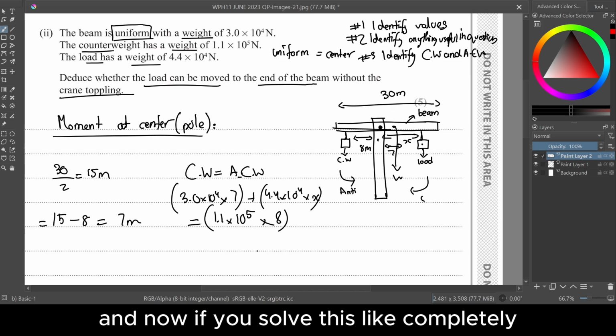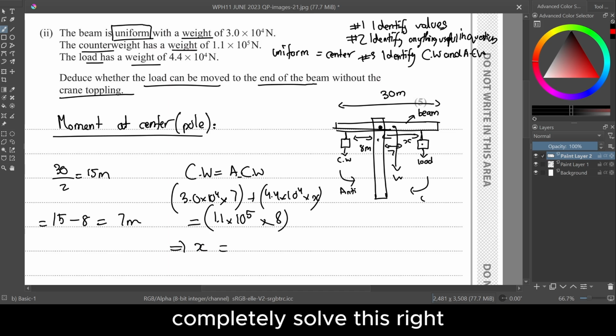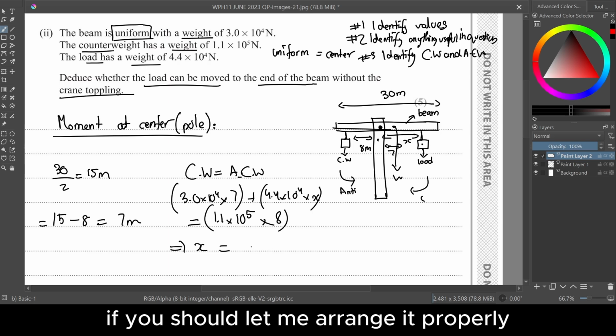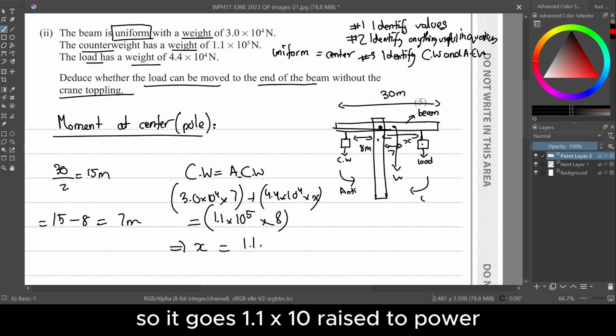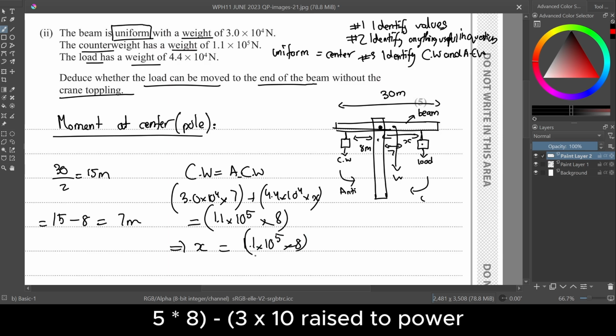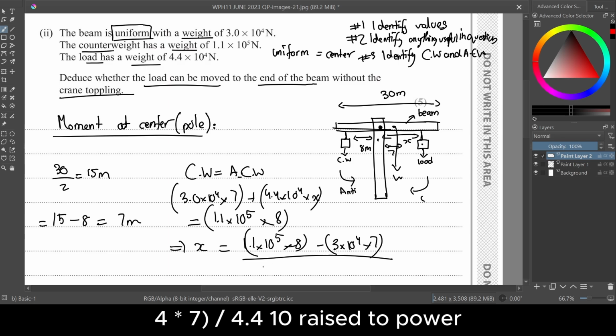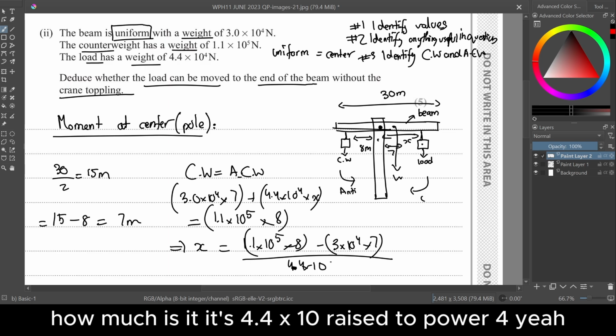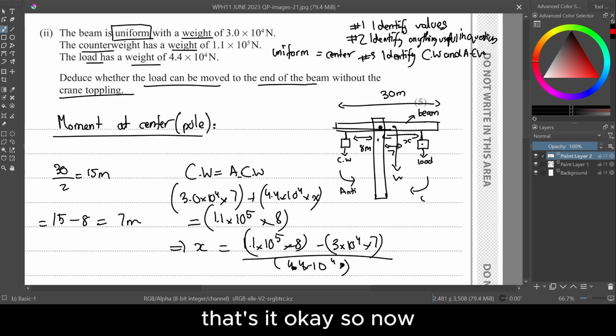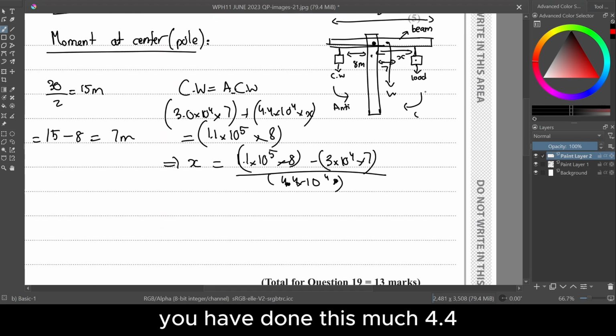Now if you solve this completely, let me arrange it properly and then we will write the answer. It goes 1.1 times 10 raised to power 5 times 8, minus 3 times 10 raised to power 4 times 7, divided by 4.4 times 10 raised to power 4.